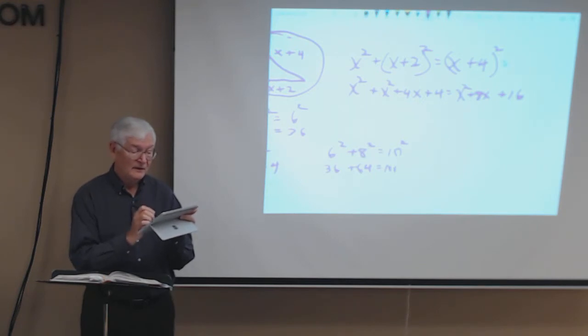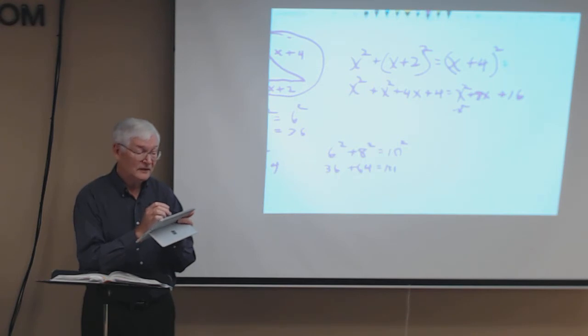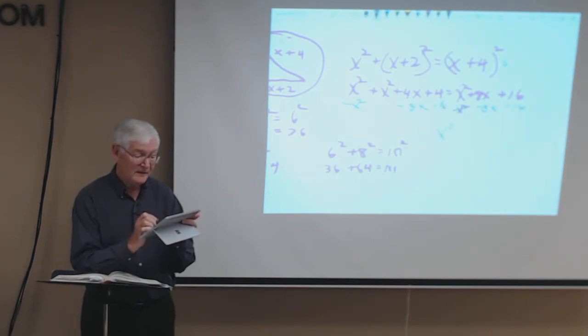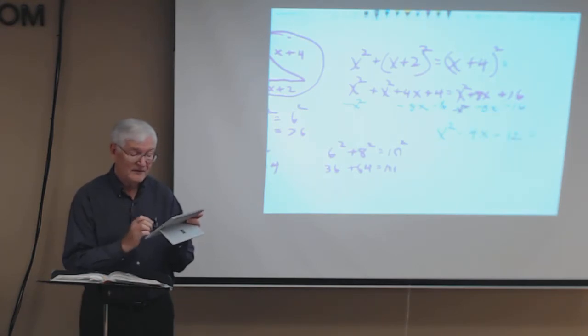So I end up subtracting x squared from both sides. I'll change colors here. And I end up with x squared minus 4x minus 12 equals 0.